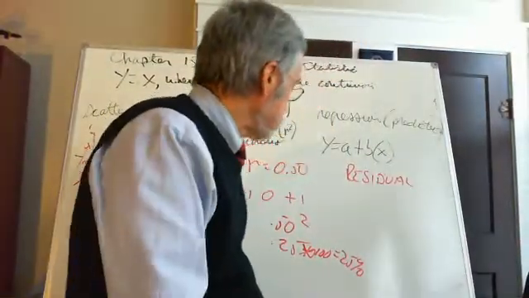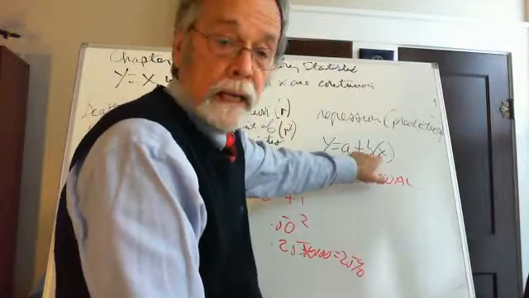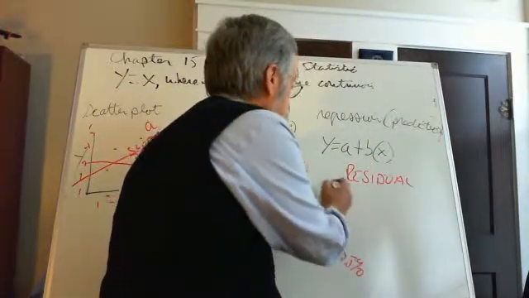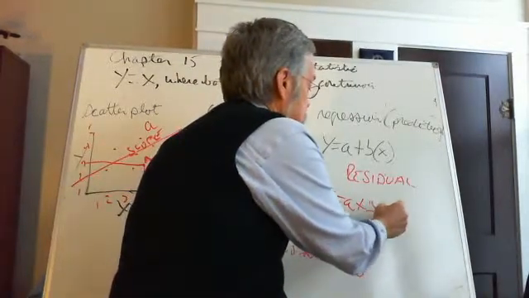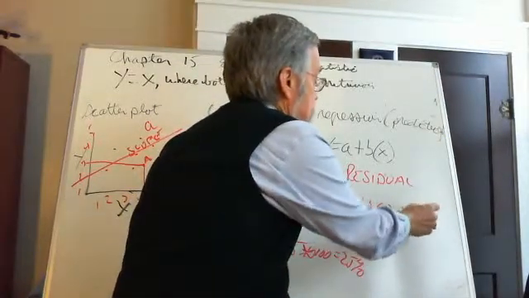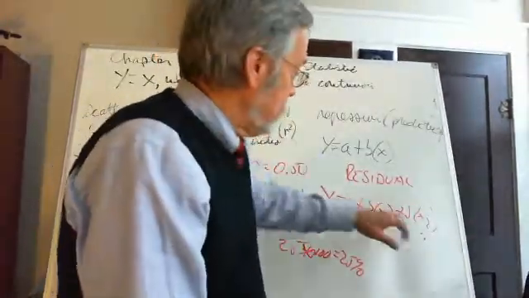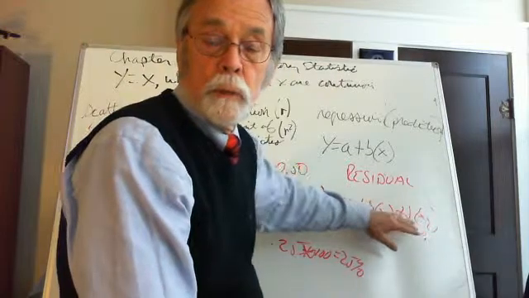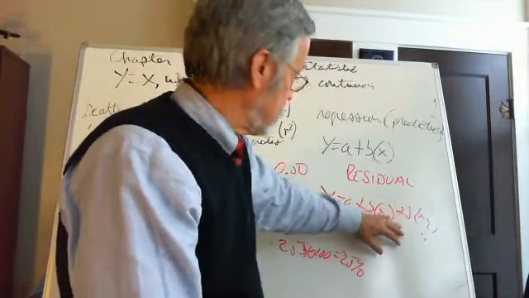This is just a single x1, but we could do y equals alpha plus beta times x1 plus beta times x2, etc. In other words, we might put father's age in here as well as number of children, or some other thing that might be of interest to us.